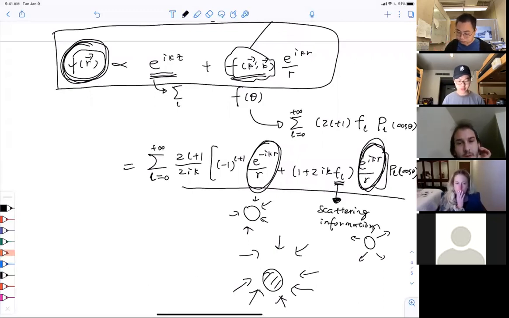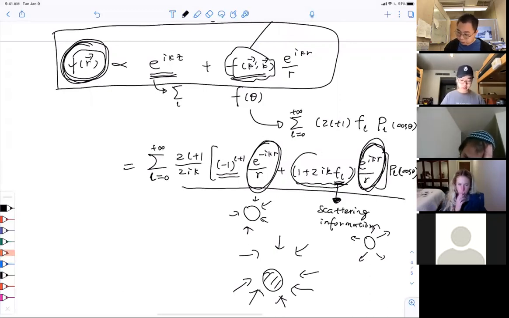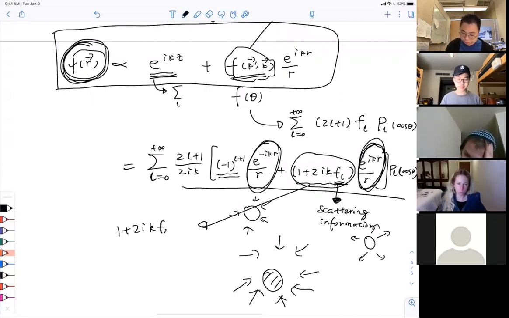The square of the coefficients should be the same. That means this factor must square to 1, meaning it can only be a phase factor. That's how we introduce the so-called phase shift.